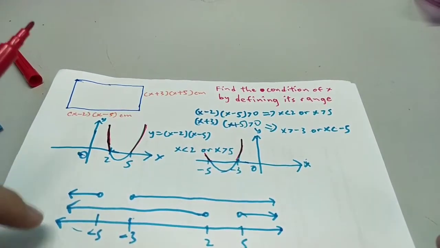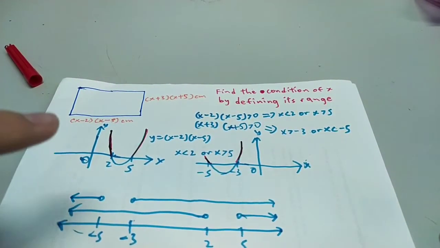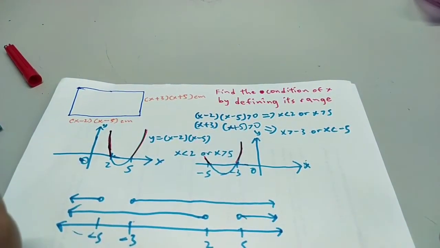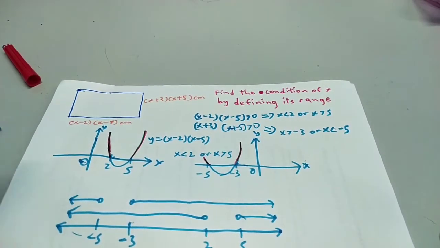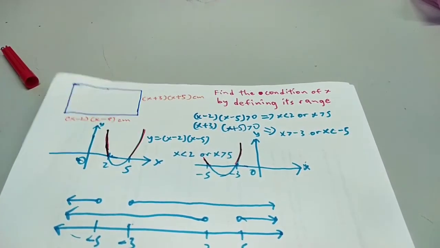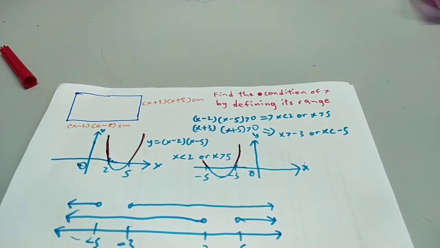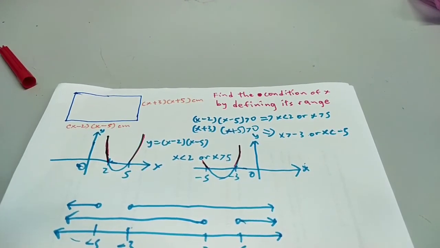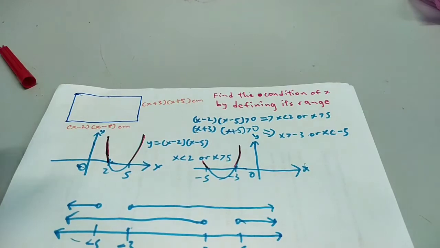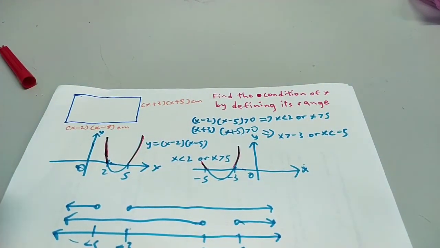For example, when we have two inequalities, the overlapping region has two arrows, going left or right, we don't care. But if we have 4 inequalities, like in the previous video, the overlapping region is the region that has 4 arrows.